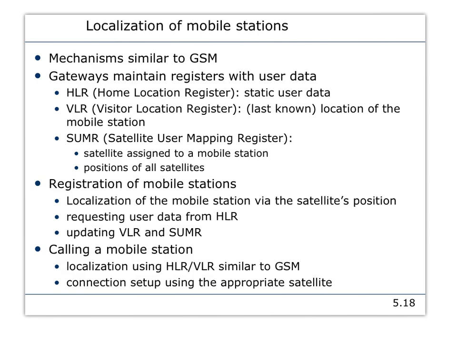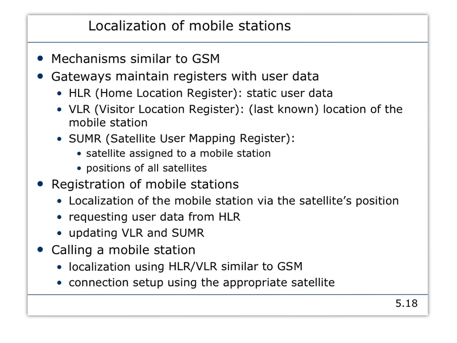Here, it's very much similar, with gateways, because gateways facilitate the interfacing between the satellite network and the GSM network. They also use HLR and VLR, similar to what we have discussed. In addition to this, we have another register for satellite communication, which is what we call the satellite user mapping register.